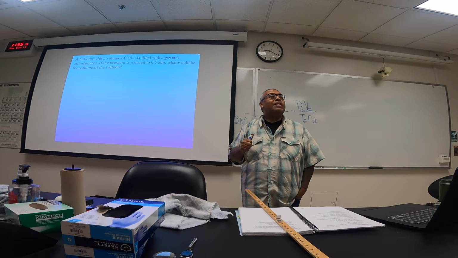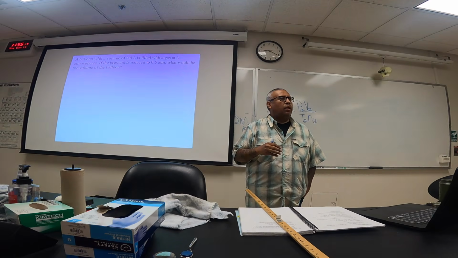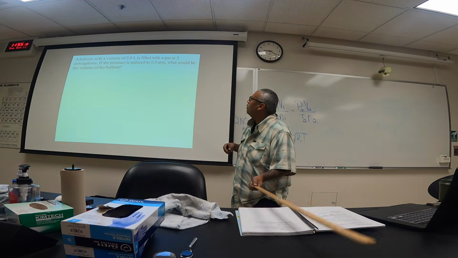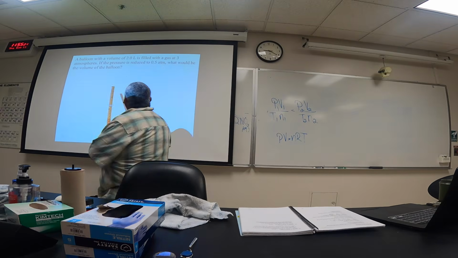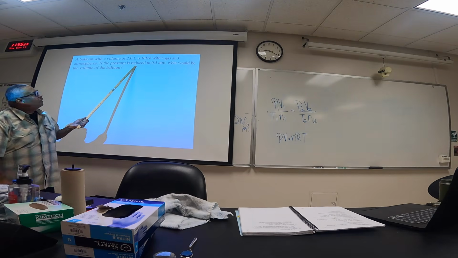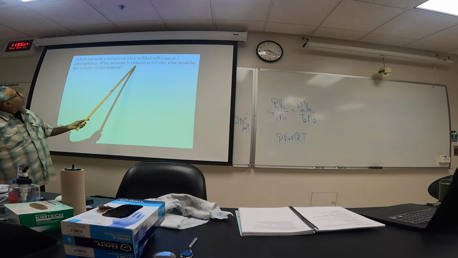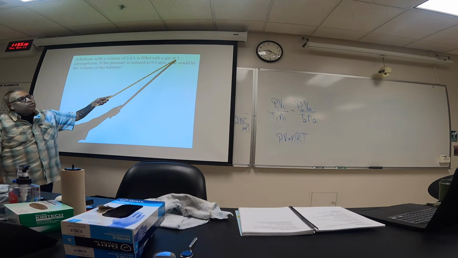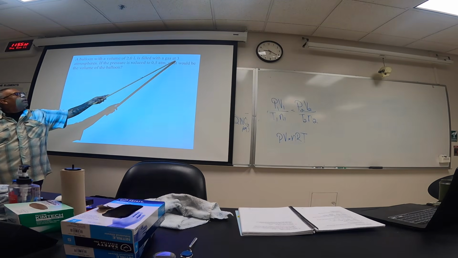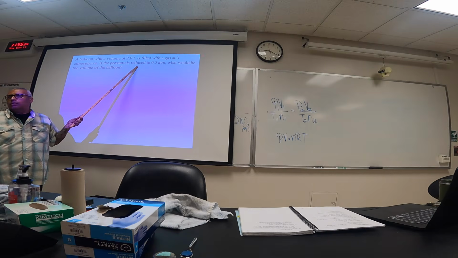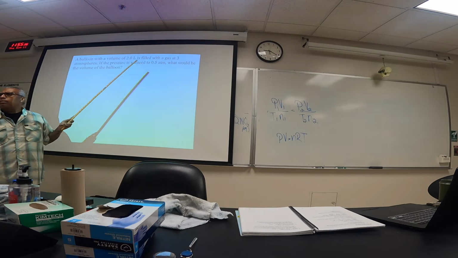What was the initial temperature? We're always looking for keywords here. If the pressure's reduced, it was 3 atmospheres, P1, and we reduced it to 0.5 atmospheres, that would be P2.